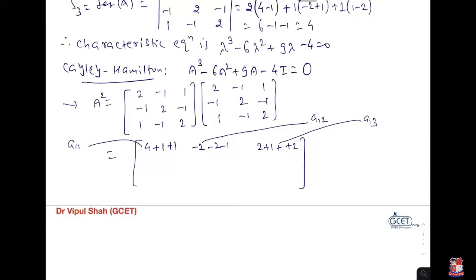Second row, first column: that is minus 2, then minus 2 and minus 1. Then second row, second column: multiply the corresponding elements and add. So 1, then 2, and then 1. So this is 4, sorry.